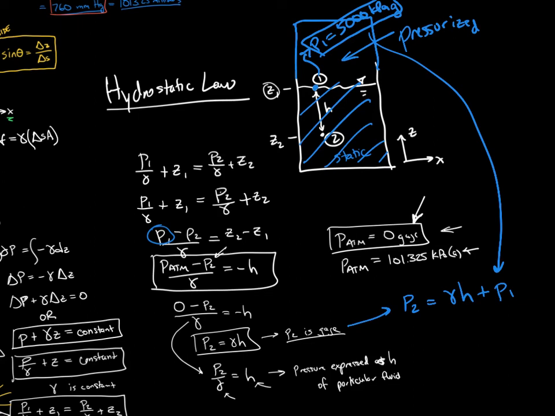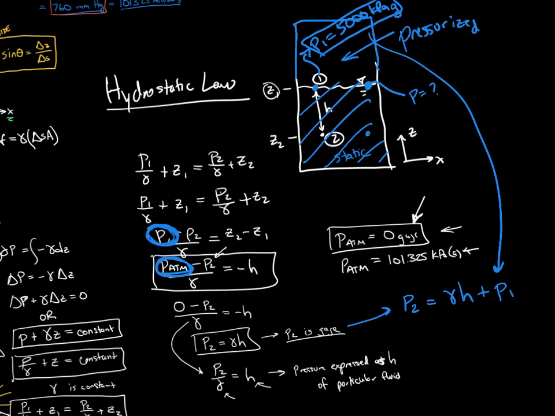In effect, we've already done this. We did this right here, where I added PATM from earlier, it just so happened that PATM was 0. So in a lot of ways, this is kind of easy, right? If you want to know the pressure in your fluid, you go to the surface of the fluid and say, what is the pressure there? Pressure here equals what?